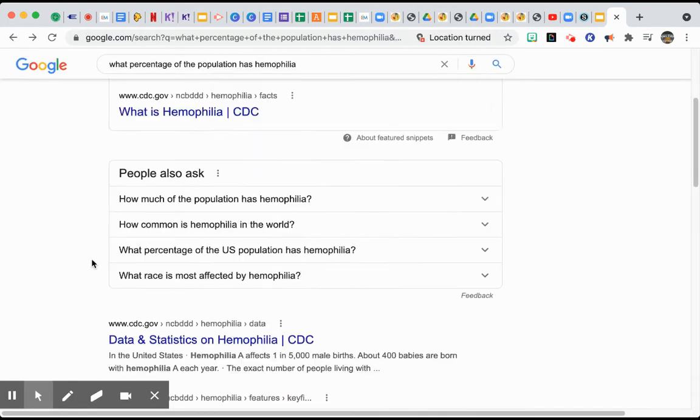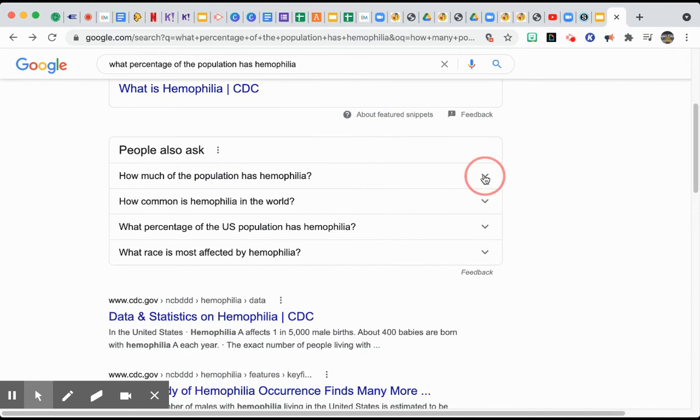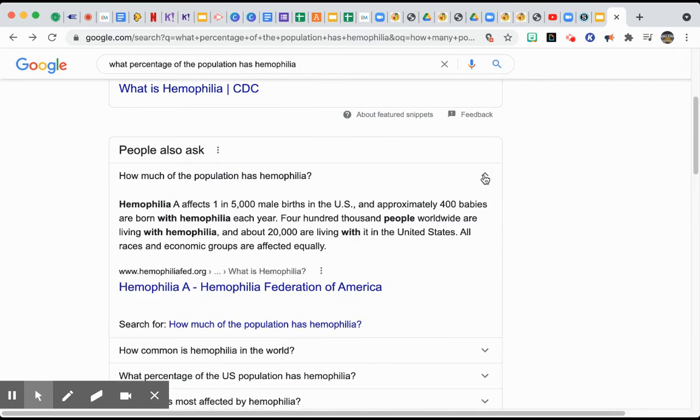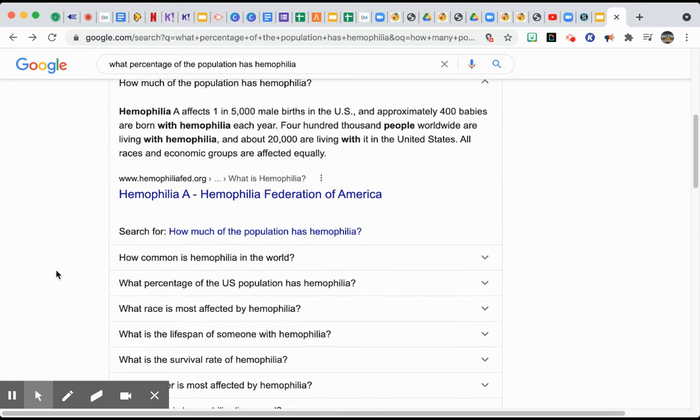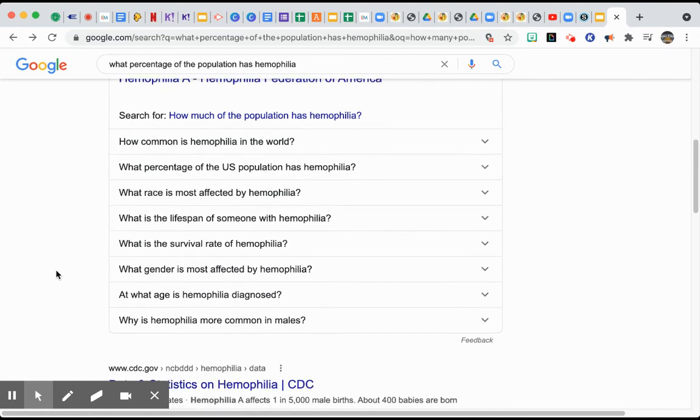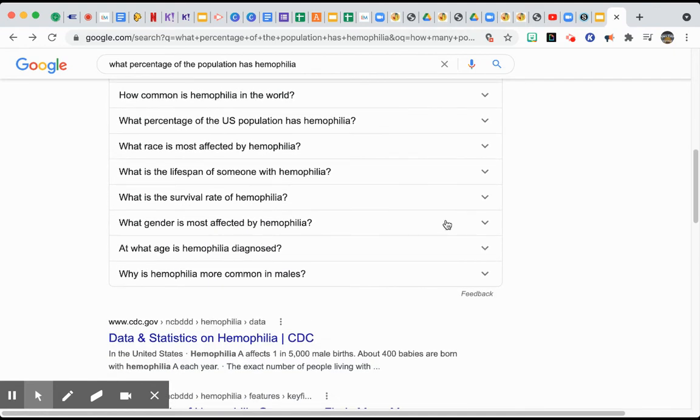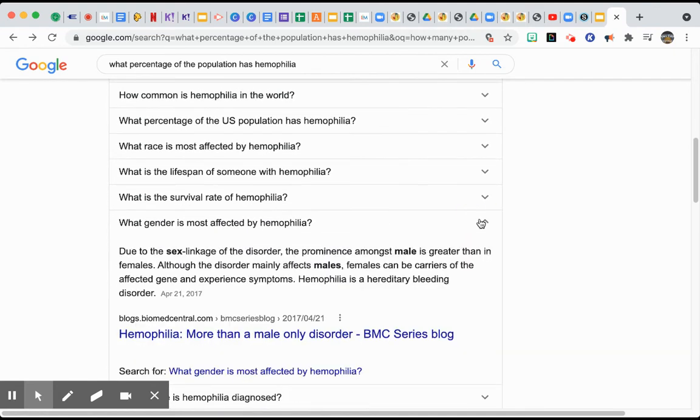And the results tell us here how much of the population has hemophilia. 1 in every 5,000 are born with it, and 400,000 people worldwide are living with hemophilia, and 20,000 are living with it in the United States. And it says there what gender is most affected.